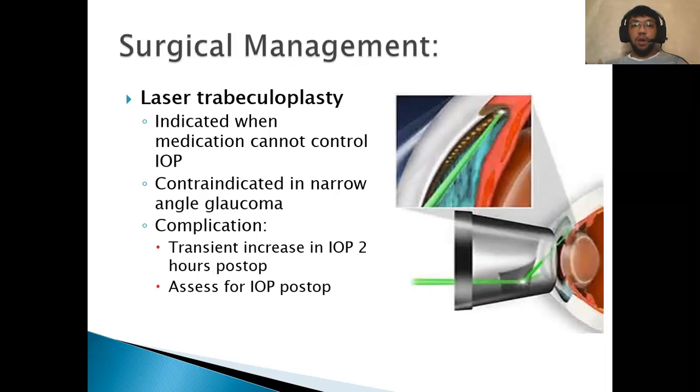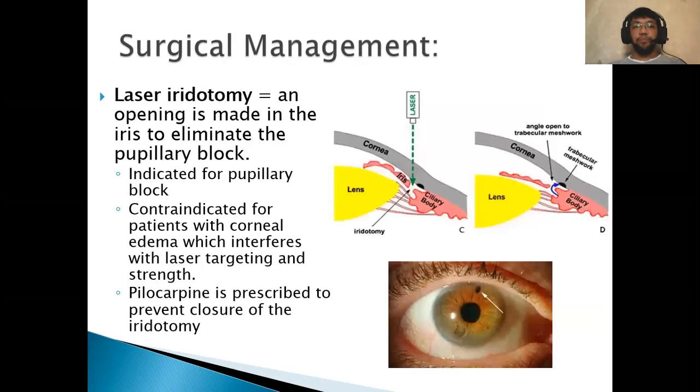Laser trabeculoplasty is indicated when medications can no longer control the increased intraocular pressure, and it's contraindicated in narrow angle glaucoma. Complications of this procedure would be a transient increase in IOP 2 hours post-op. That's why the doctors need to assess the IOP post-op every 15 minutes and so on.